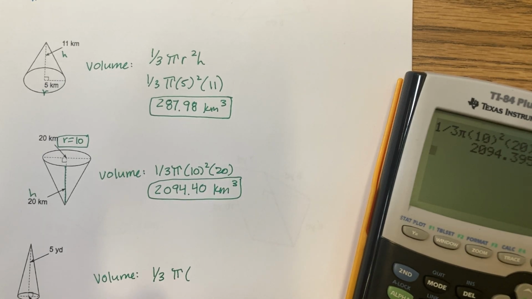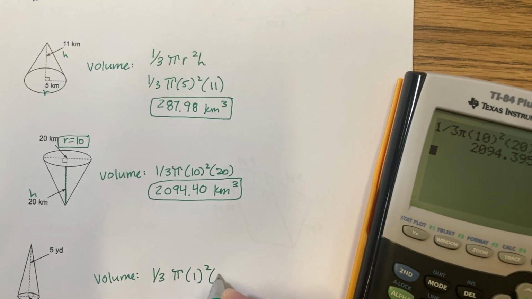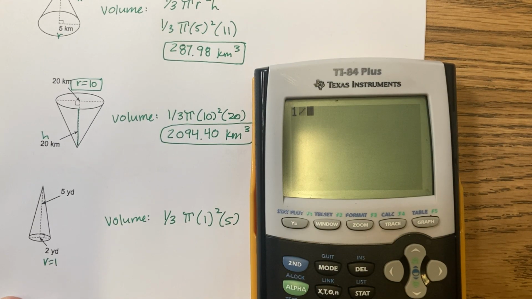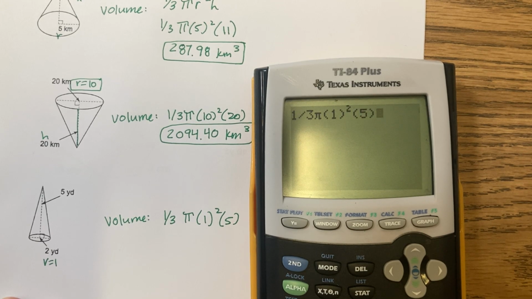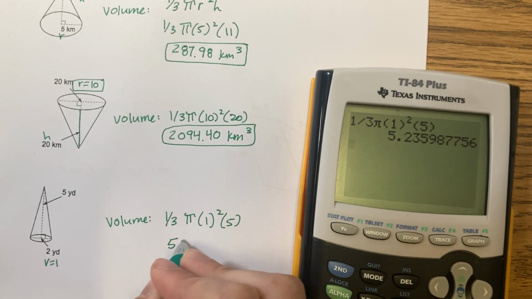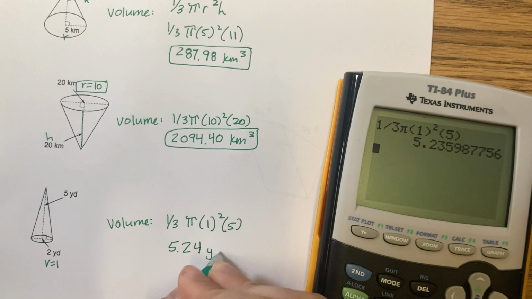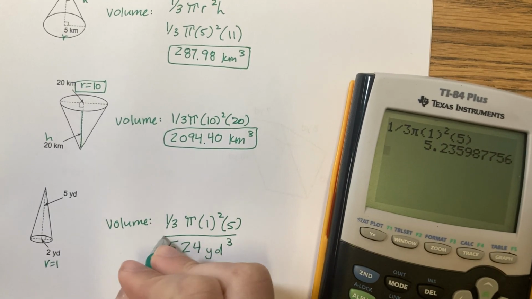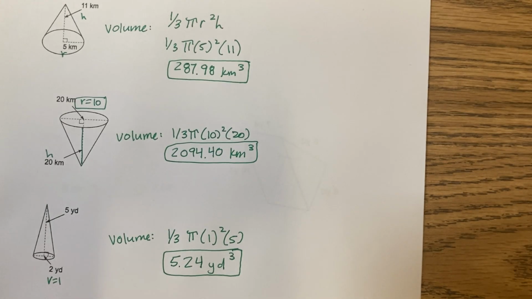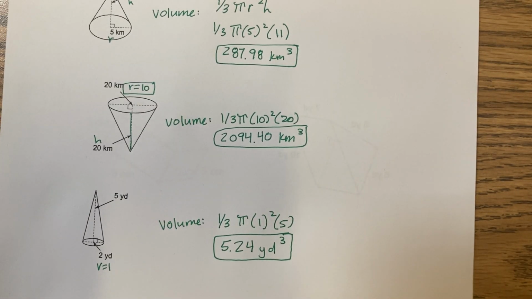This would become a 1 for my radius times the height of 5. And that's how you find the surface area and volume of a cone.